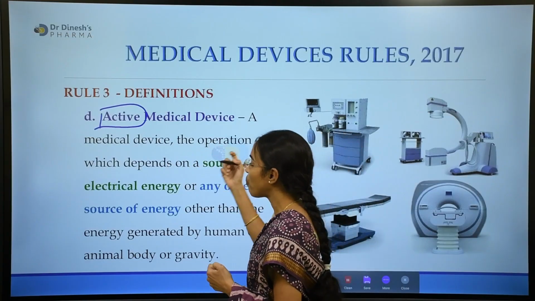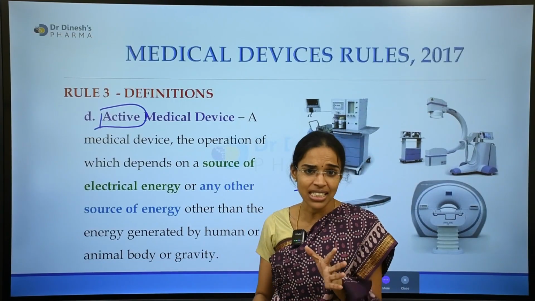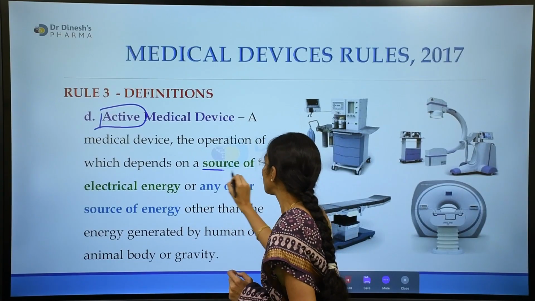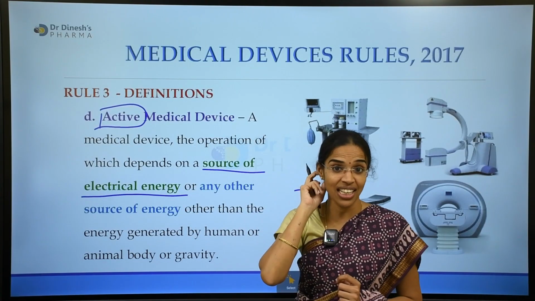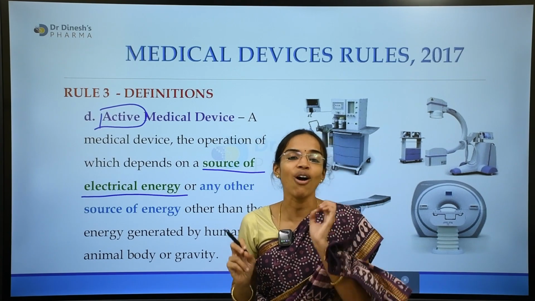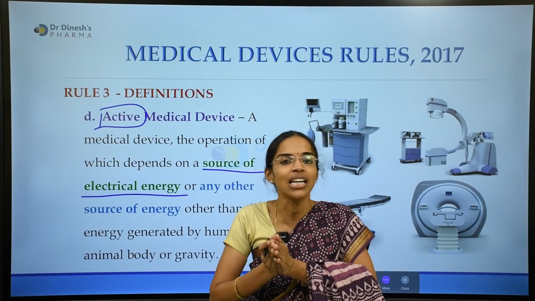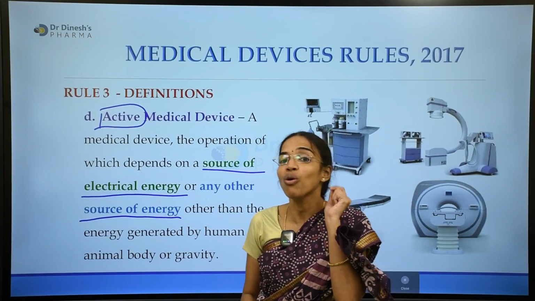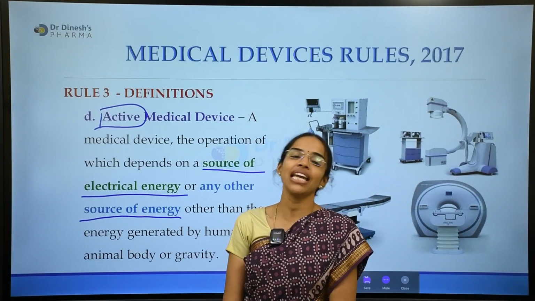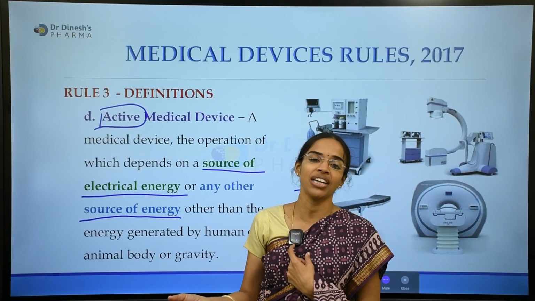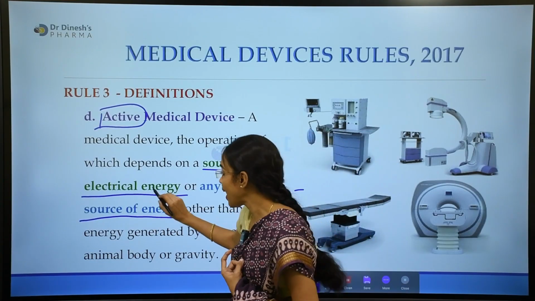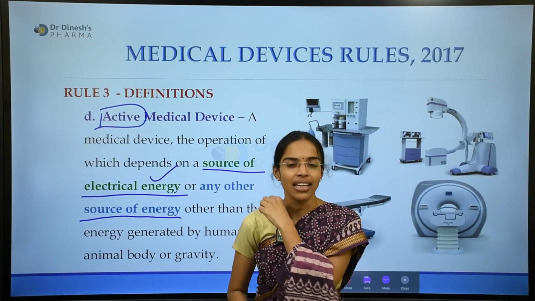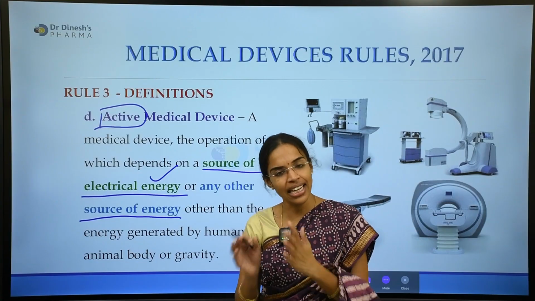Please remember all of you, an active medical device is a device the operation of which depends upon a source of electrical energy, or any other source of energy. It may even be a battery, electrical energy or solar energy, voltaic cells, anything.